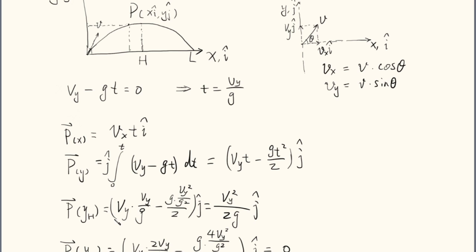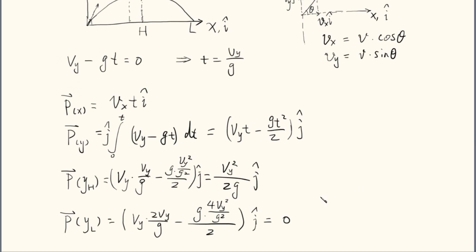So we insert Vy over g into this, and we will get Vy squared over 2g, j roof.